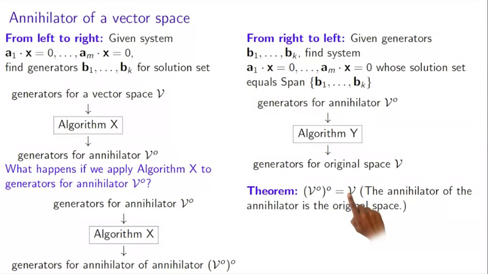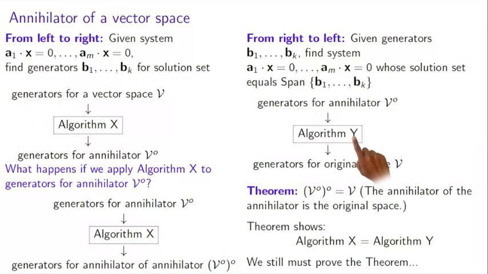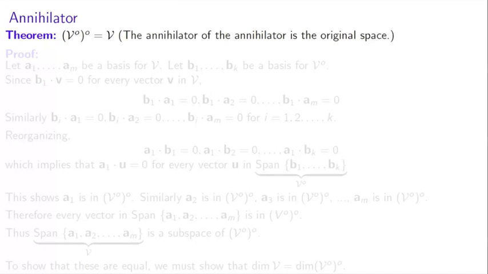This tells us that when we are given generators for the annihilator of a vector space big V, and we want to get back generators of big V itself, we can just use algorithm X. We still have to prove this theorem. So here we go. Theorem: the annihilator of the annihilator of big V is big V itself.